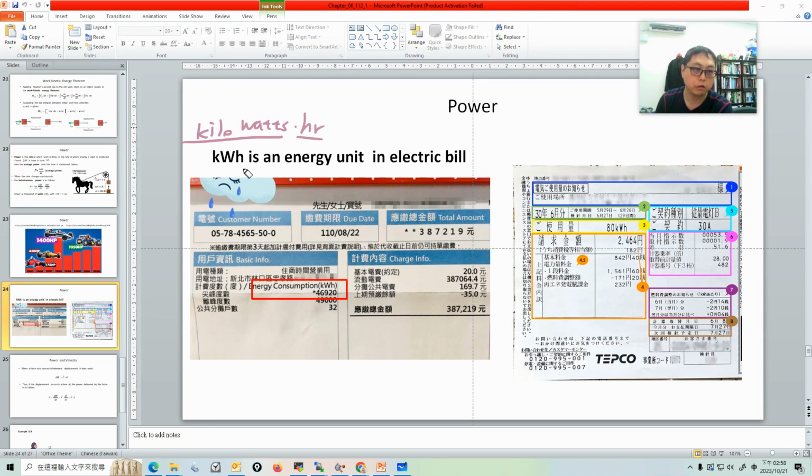So kWh is an energy unit, and you see this a lot on electric bills. The right-hand side is the electric bill in Japan, and the left-hand side is the electric bill in Taiwan.